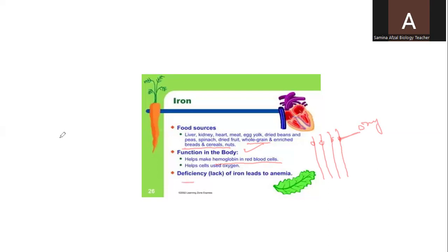So if there is a deficiency of iron in the body, the person can have a low Hb level, and the heartbeat will be very slow, and the person will be called anemic, because the body needs a proper quantity of Hb, or hemoglobin.